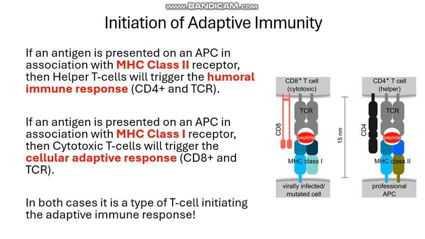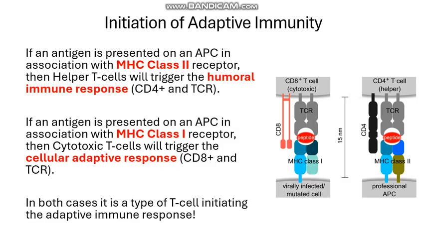So continuing on the initiation of adaptive immunity, if an antigen is presented on an antigen presenting cell in association with MHC class 2, shown on the image on the right, on an MHC class 2 receptor, then a helper T cell will trigger a humoral response, and this helper T cell is going to have the T cell receptor and the CD4 co-receptor.